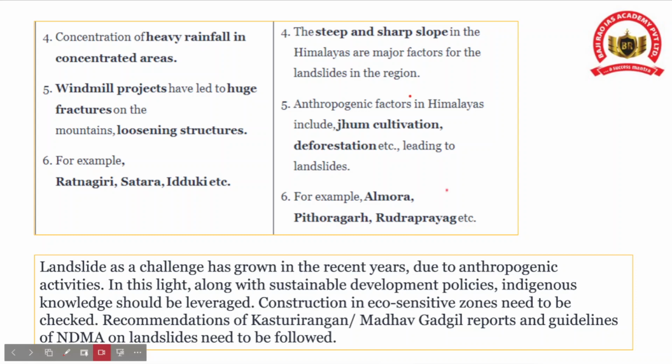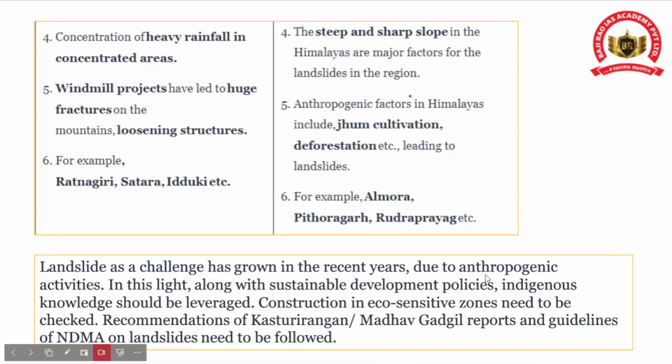The other major aspect is that illegal mining should be prohibited. So you can write three or four such measures that could prevent these landslides, and after writing such measures you can write a conclusion. So, landslide intensity has been increasing in recent years.